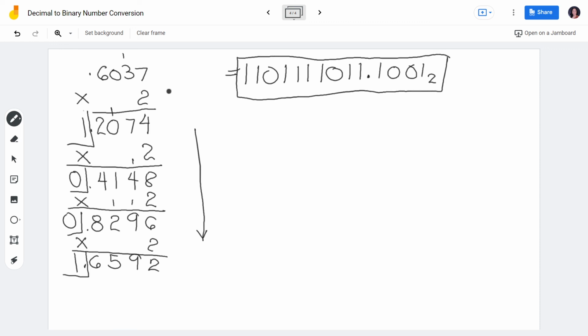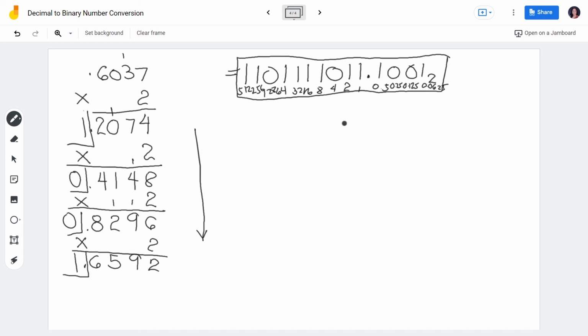Again, let's check if this is correct. We have 1, 2, 4, 8, 16, 32, 64, 128, 256, and 512. And then for the fraction parts, we have 0.5, 0.25, 0.125, and 0.0625.